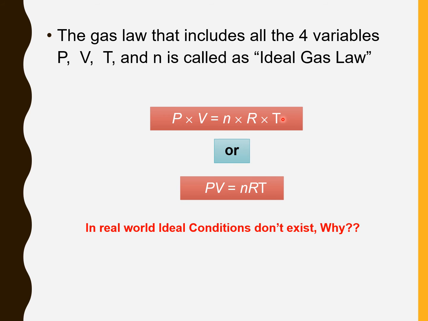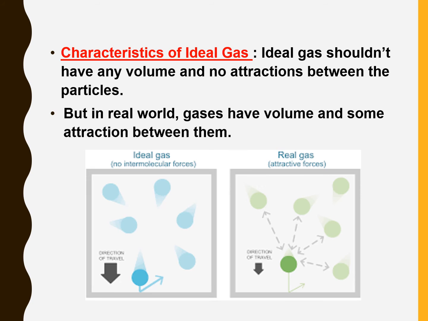But in the real world, ideal conditions don't exist. Why? Because a characteristic of an ideal gas is that it should not have any volume and there should be no attraction between the particles, meaning atoms or molecules.